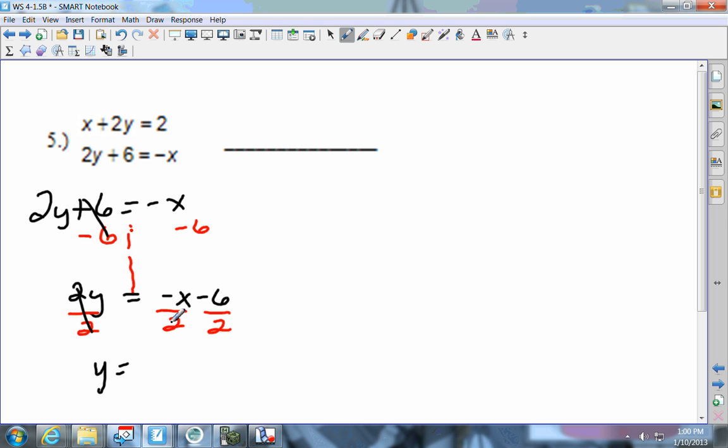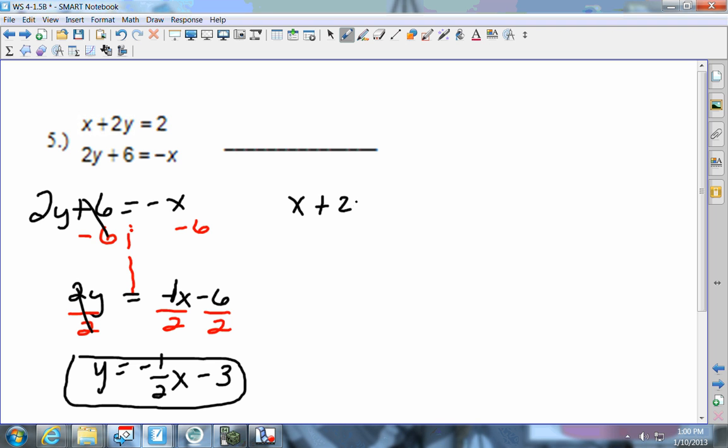Y equals... people get confused when there's just an x divided by 2. This is negative 1/2 x minus 3, because remember there's a 1 in front of this. Okay, so there's one of the equations. The other equation: x plus 2y equals 2.